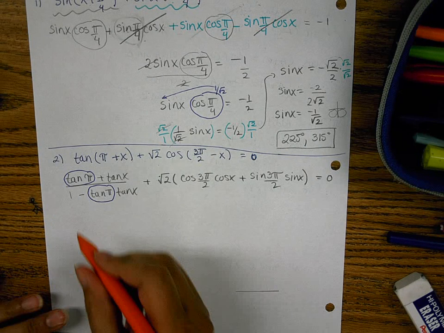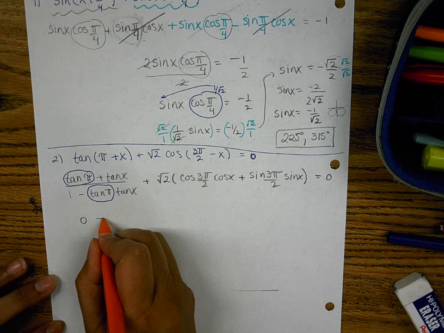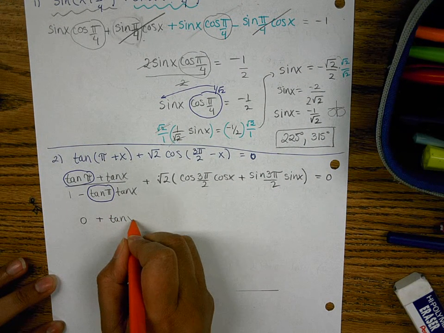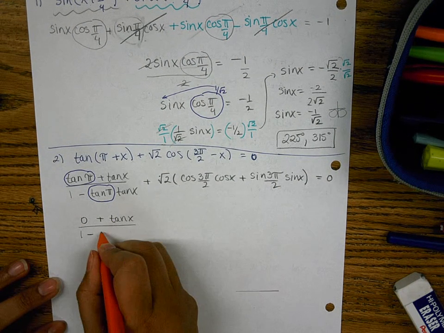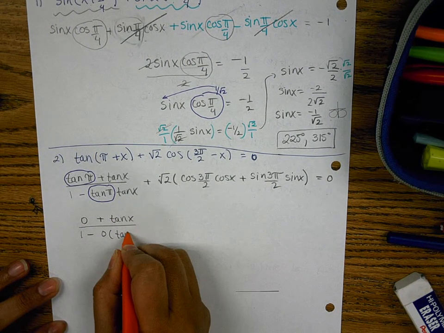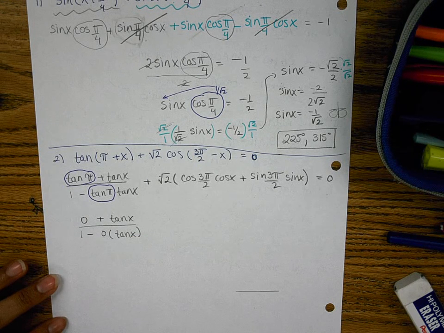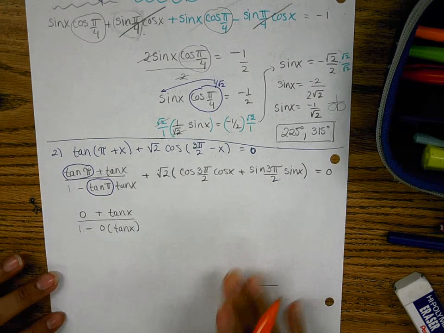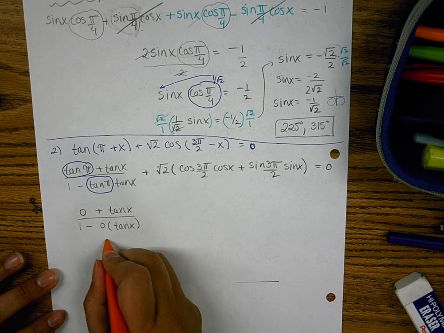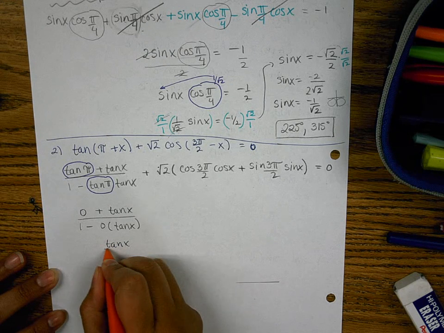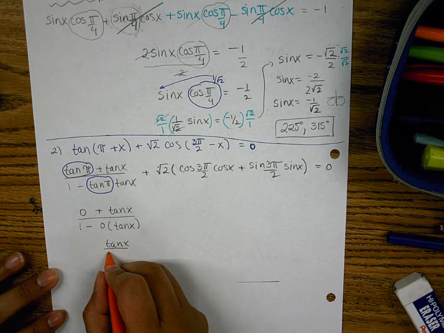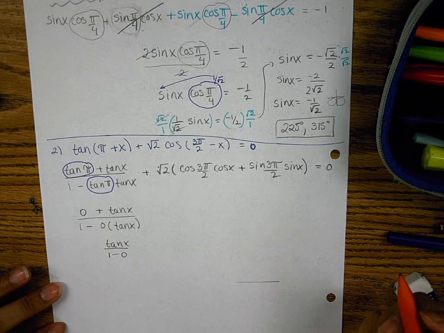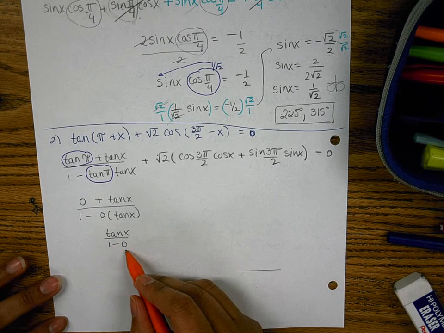Tangent of pi is 0, plus tan of x, all over 1 minus tan of pi, which is still 0, times tan of x. 0 plus tan x is just tan x. 0 times tan x is 0, so you have 1 minus 0. So this is just tan x over 1, which is tangent of x.